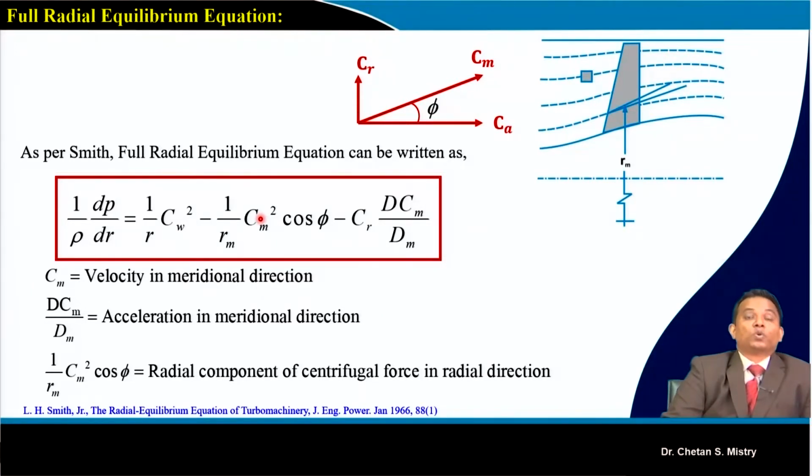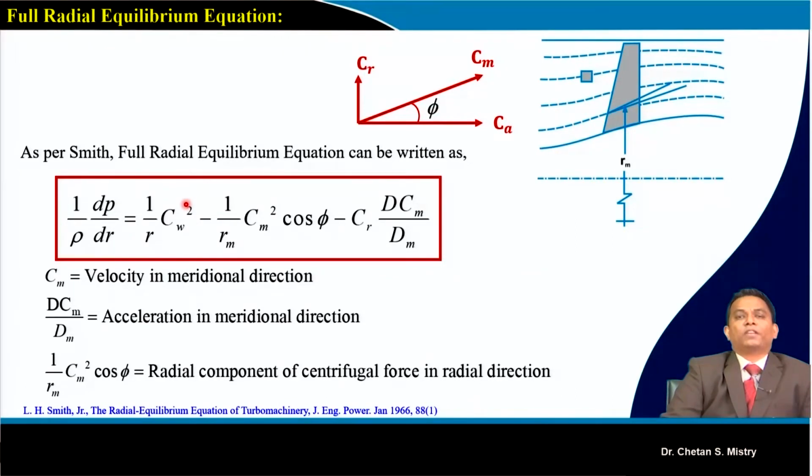So people working on the development of CFD codes consider this analysis for flow field analysis. In this case they consider how the change of radial velocity comes into the picture.